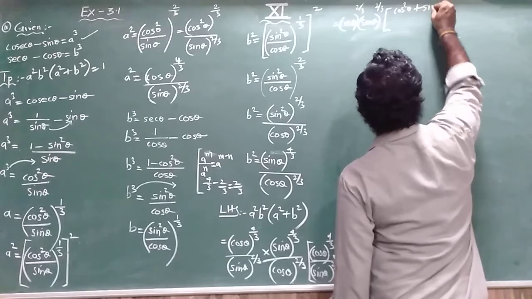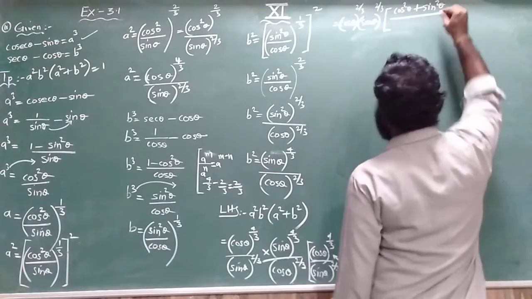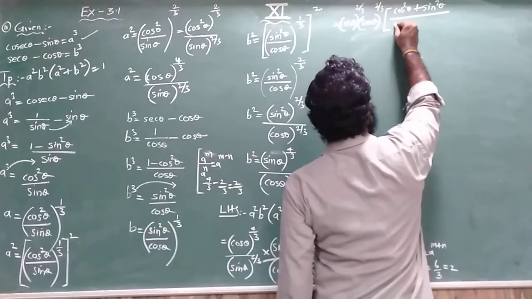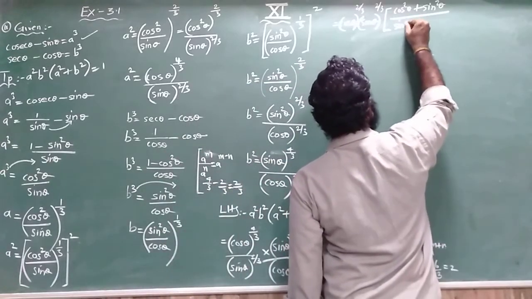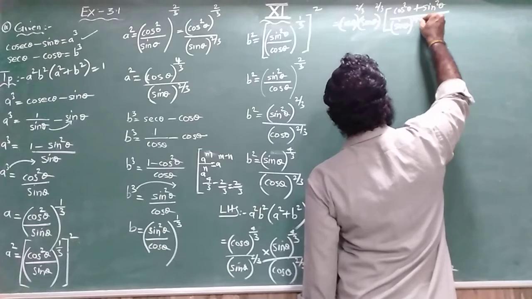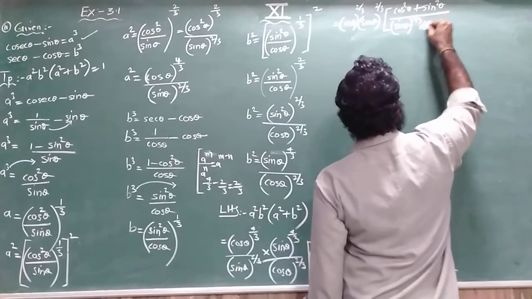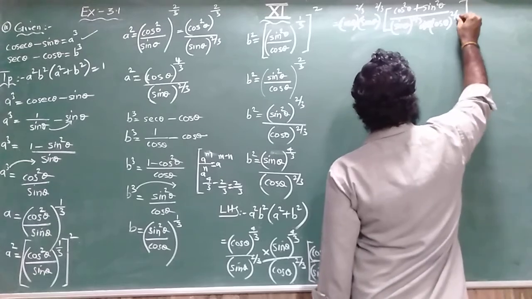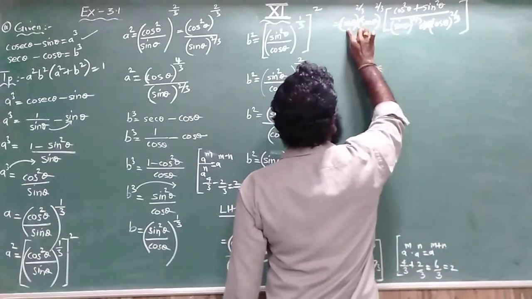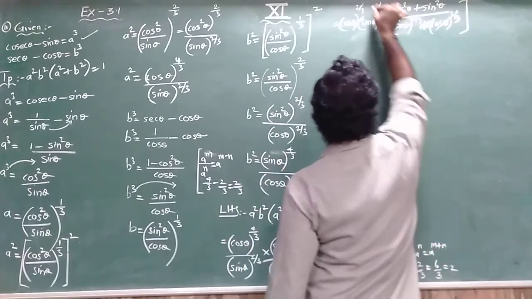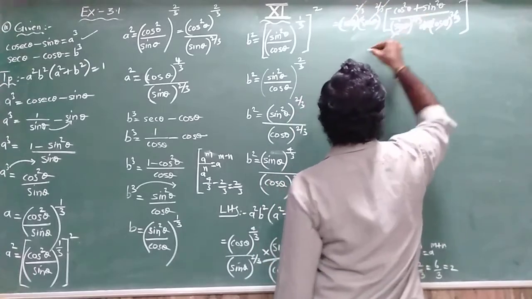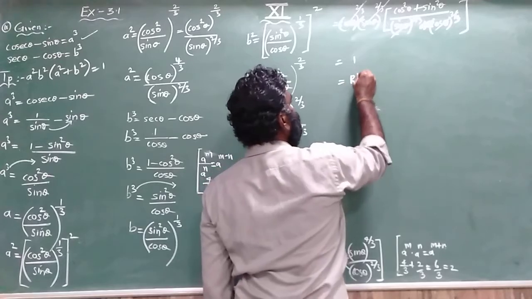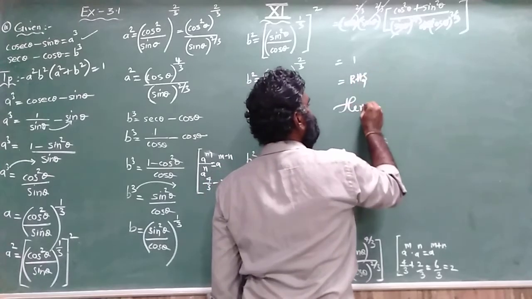Plus sin² θ divided by, I need to multiply these two powers: (sin θ)^(2/3) into (cos θ)^(2/3). Close the bracket. Here, (cos θ)^(2/3) cancels. (sin θ)^(2/3) cancels. Next, sin² plus cos² is 1. This only I needed to prove, RHS. Hence proved.